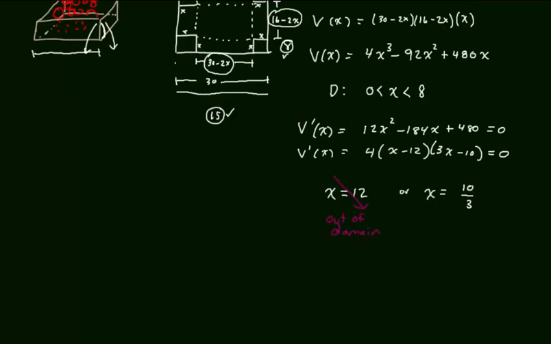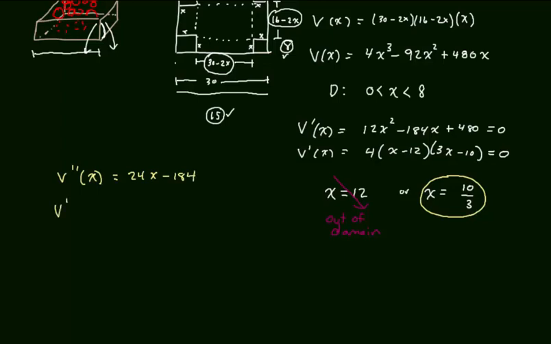We'll do the second derivative test to prove, or at least verify, that the absolute max is going to occur at x equals 10/3. So I take the second derivative. Now the second derivative is going to be 24x minus 184.